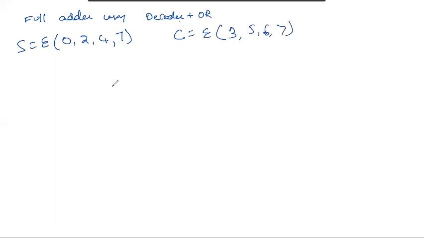So I am drawing the expression now. So decoder. We have to use which decoder? We have to use a 3:8 decoder because it is a three variable function. Full adder is a three variable function. So I am drawing a 3:8 decoder.